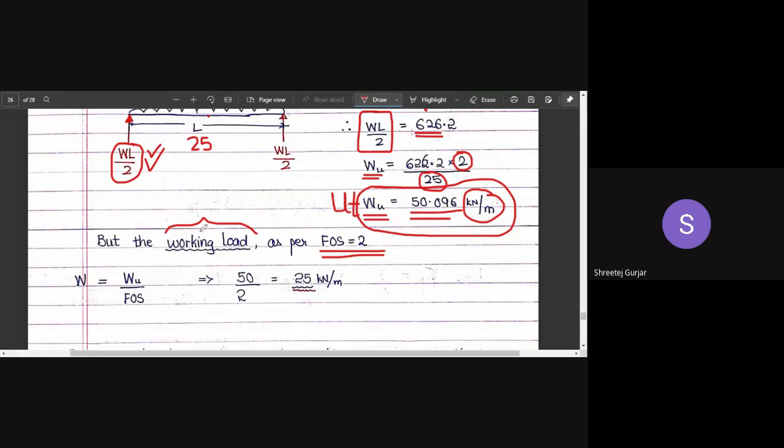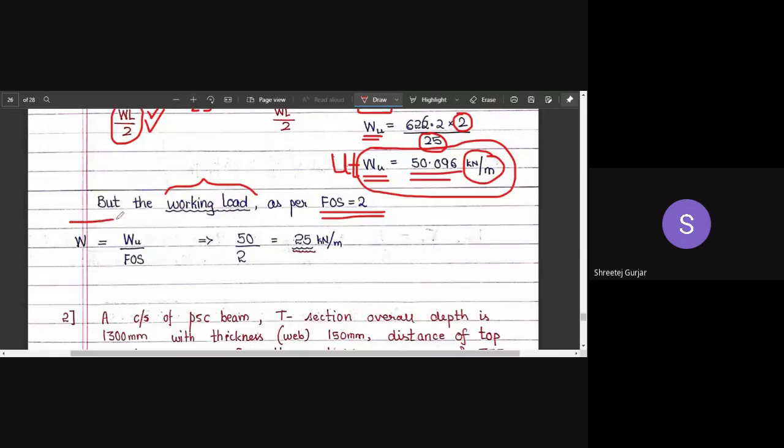To calculate the working load, we have to divide the ultimate load by the factor of safety. Ultimate load is 50. Divide by the factor of safety, which is given as 2. You will get the working load, that is 25 kilonewton per meter.